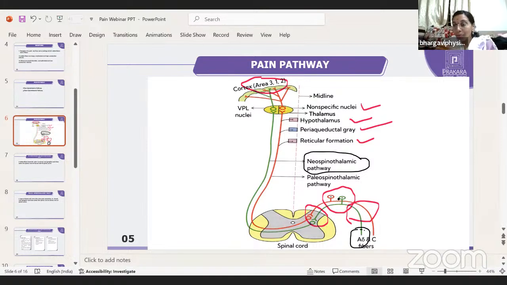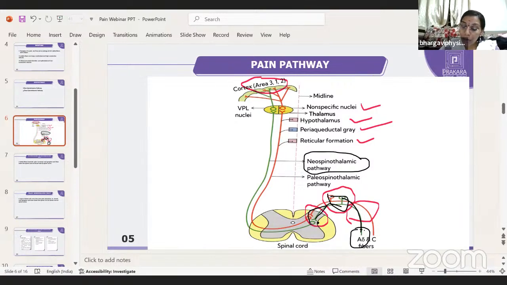From there, the fibers go to the posterior root, or the dorsal root, of our spinal cord. As it is a bipolar neuron, the fibers from here reach lamina number 1 and 2. The green or black color line that I am drawing indicates the neospinothalamic pathway.